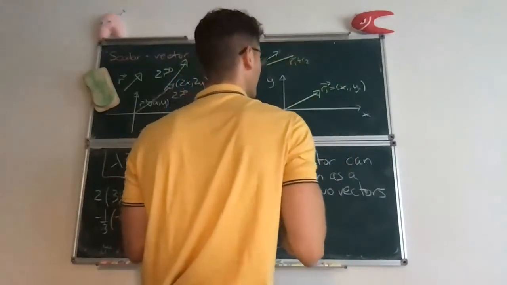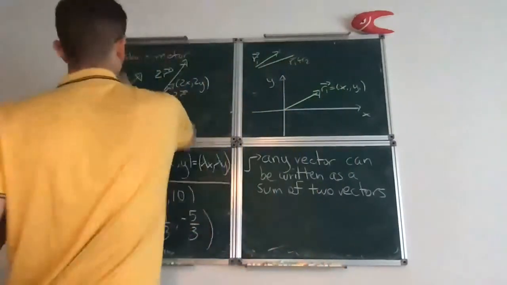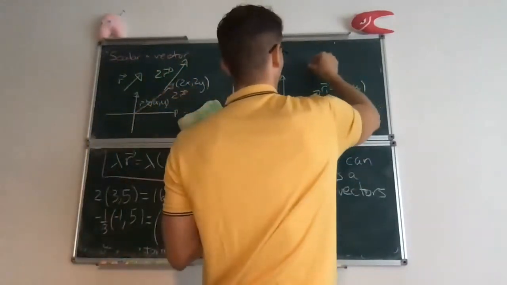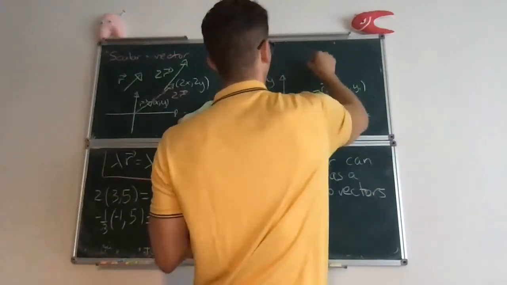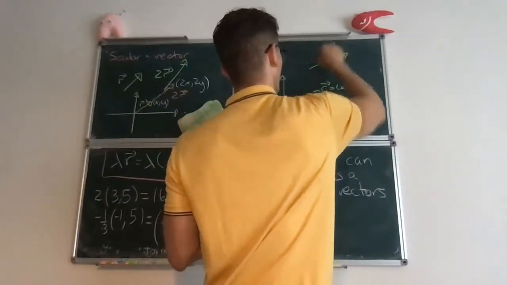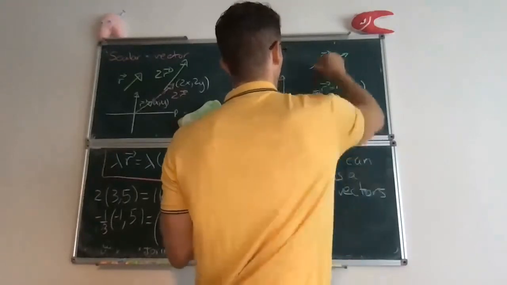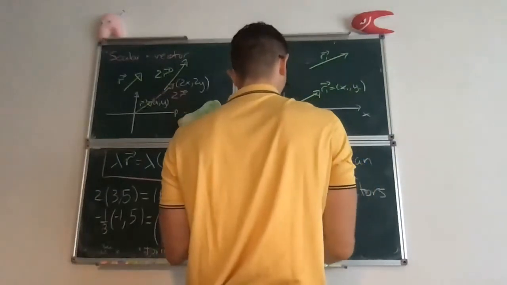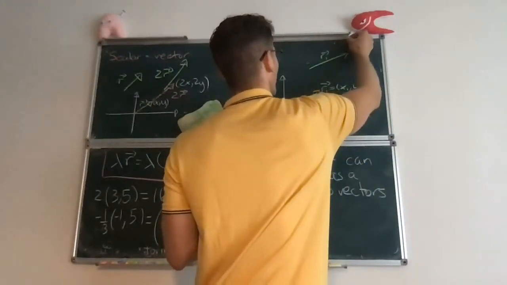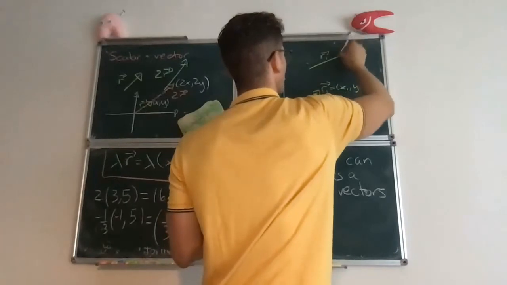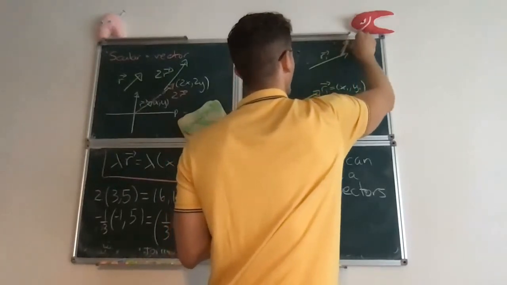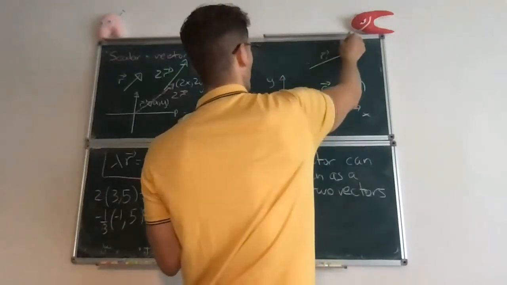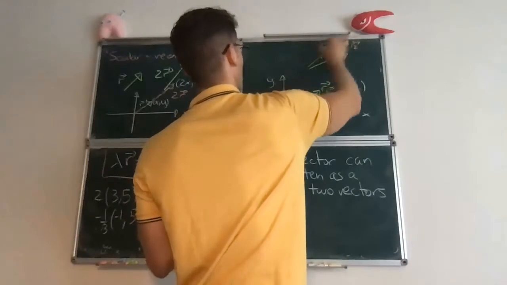Let me redraw them so that it's easier to see on the board. So you have here R1, and now this will look better because it's slightly tilted. I didn't want something that looked completely vertical or completely horizontal.